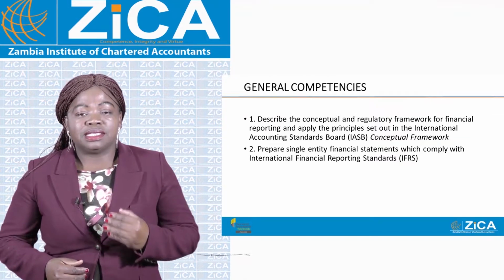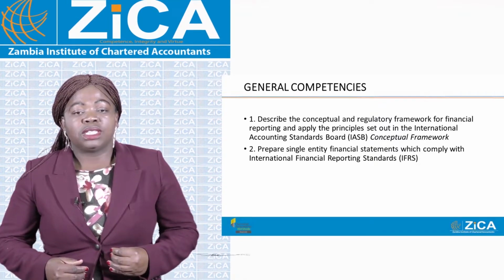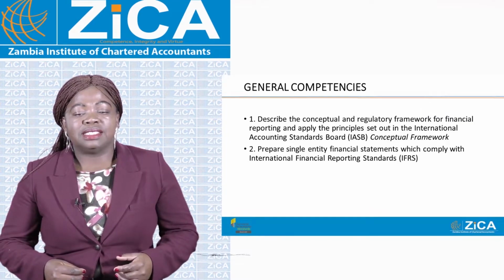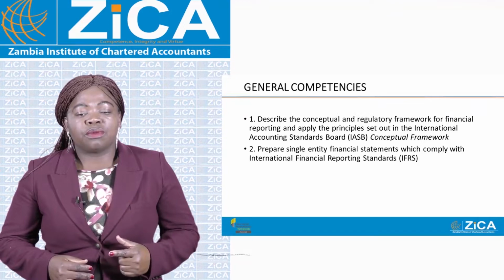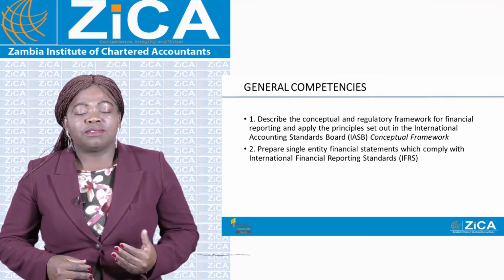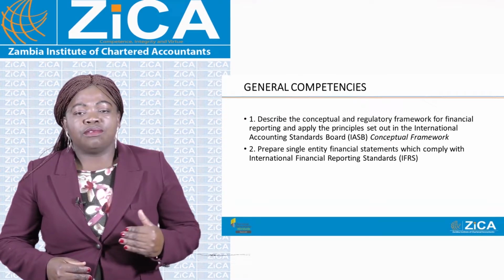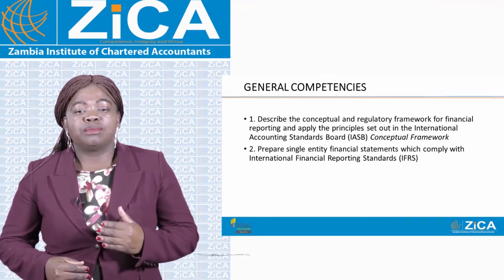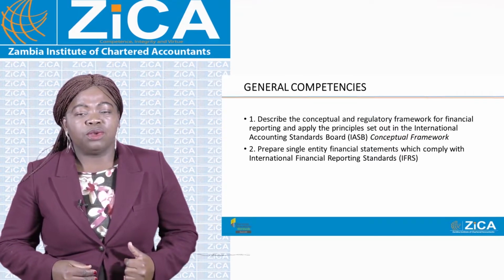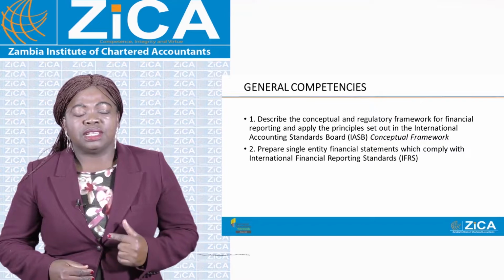Many times it is the easiest question that you ever get in Section B. Other questions involve calculating and interpreting international accounting standards. But if you get a question on the conceptual framework, it's purely straightforward theory, like the qualitative characteristics of financial information. These are things you learn from Level 1 of your studies up to this final level, and so many times they are the easiest part of this paper. You cannot afford to leave out any question that is based on the conceptual and regulatory framework.